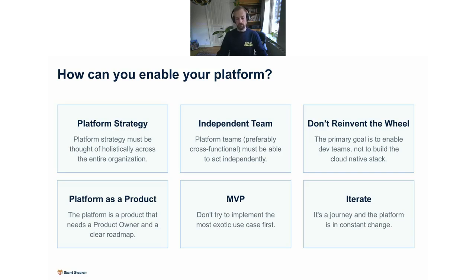Also important is that you have an MVP approach, that you don't try to implement the most exotic use case at the first try. What we also see is that we have these use cases and there are regulations in this case, in this case, in this case.